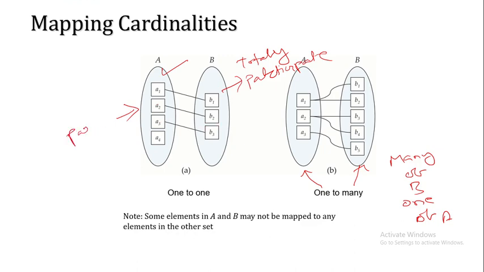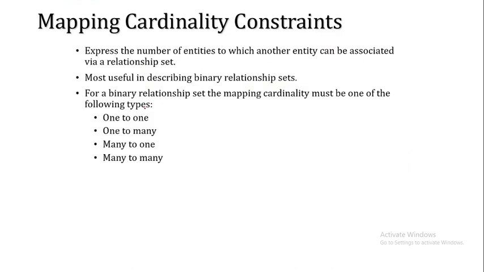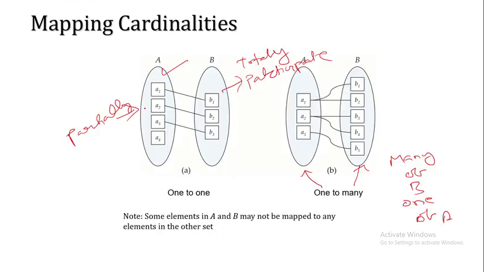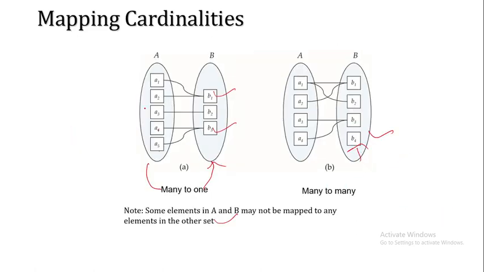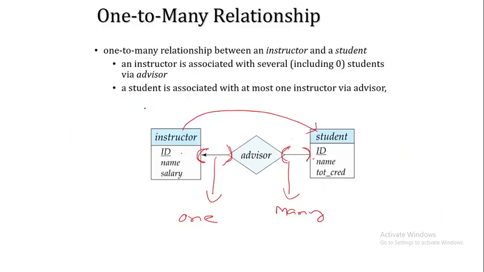That's why it is partial. This is how exactly we define the cardinality constraints that are imposed on the database. So we have seen mapping cardinality, which defines one-to-one, many-to-one, many-to-many, one-to-many, and participation constraints like total and partial.